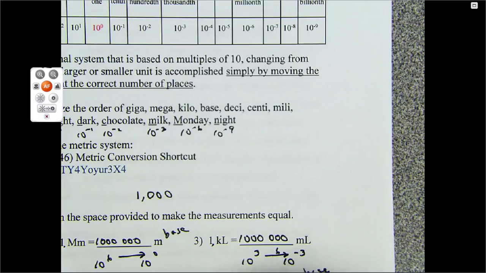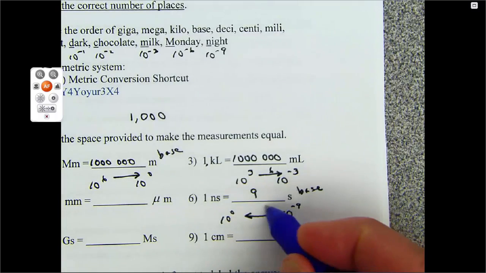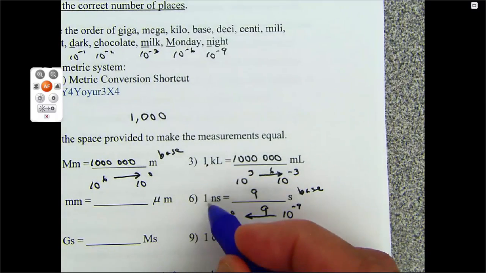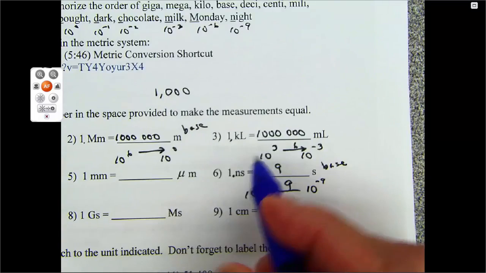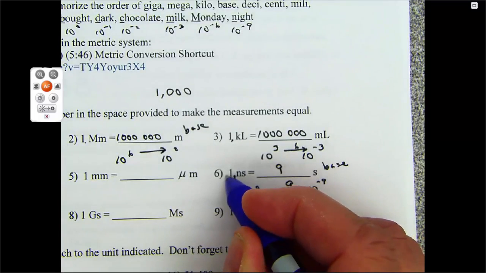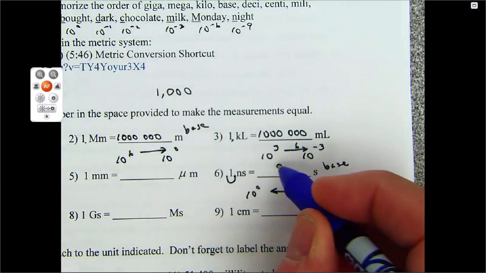I need to take this decimal point to the left. 9 to the left. Oops. I should have put a 9 in there, sorry. 9 to the left. So if I take this 9 to the left, my decimal point starts right here. Right there's 1 to the left. So I need 8 more zeros.